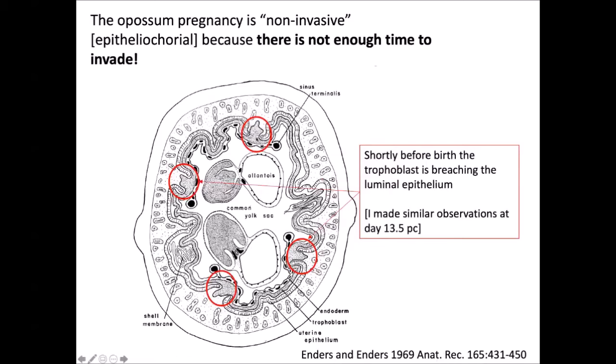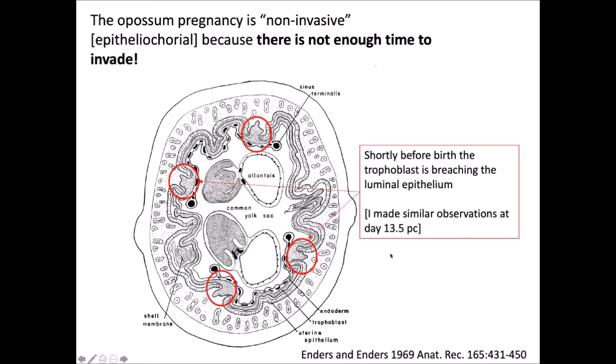And actually, if you look at the very end of pregnancy, there are signs that the placenta itself is actually invasive. At several points it is breaching the uterine epithelium, but this doesn't lead to a sustained invasive fetal-maternal interface, because once these things happen, inflammation goes out of hand and birth is precipitated.